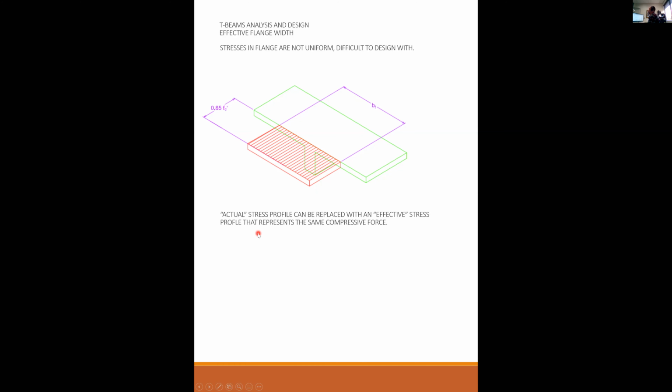So the actual stress profile can be replaced with an effective stress profile that represents the same compressive force. The simplified stress profile follows the Whitney stress block profile, rectangular in shape with a uniform stress of 0.85 f prime c, a width of b sub f, and known as the effective width.